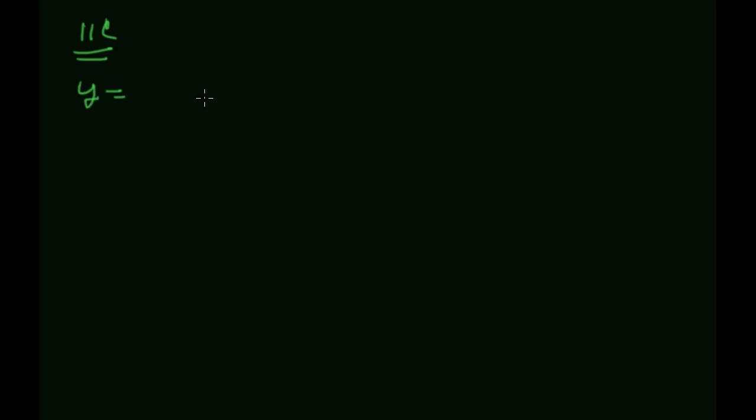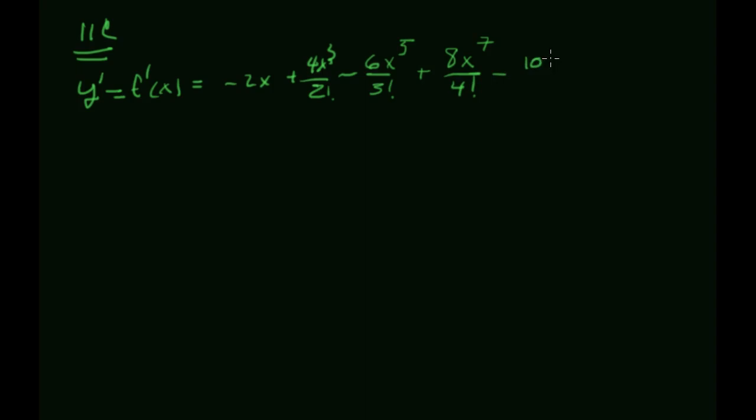Earlier in 11A, we got that y prime, or f prime of x, is negative 2x plus 4x cubed over 2 factorial, minus 6x to the 5th over 3 factorial, plus 8x to the 7th over 4 factorial, minus 10x to the 9th over 5 factorial, and so forth and so on.